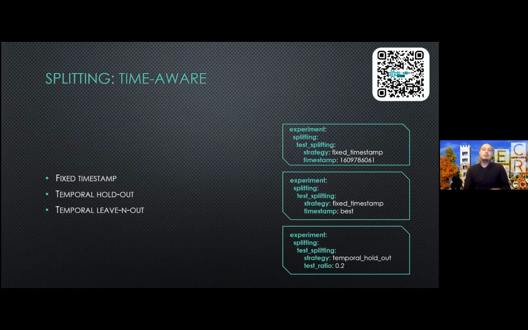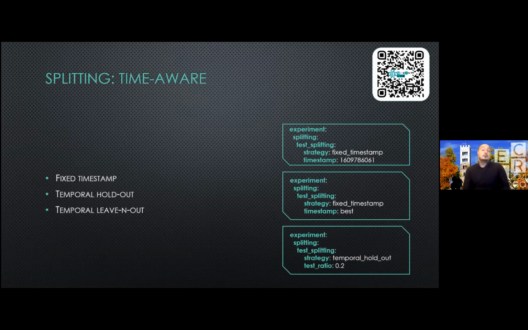Here we defined 3 main strategies to do that. One is that we can pass the timestamp as it is, or maybe we can compute the best timestamp based on an analysis of the users, so we want to maximize the number of users, the core of the recommendation system, preserving a certain number of transactions in the training set and in the test set.